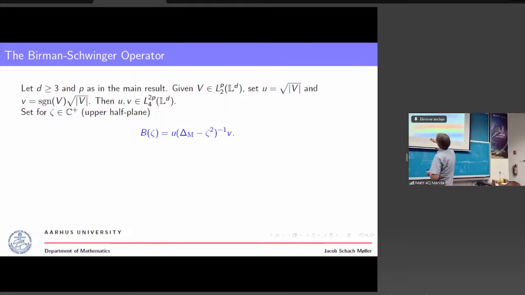And then we can define here for zeta in the upper half plane a weighted free resolvent, where we take the free resolvent of the metric Laplacian and weight essentially with the square root of the potential on both sides. So that's the Schwinger operator.